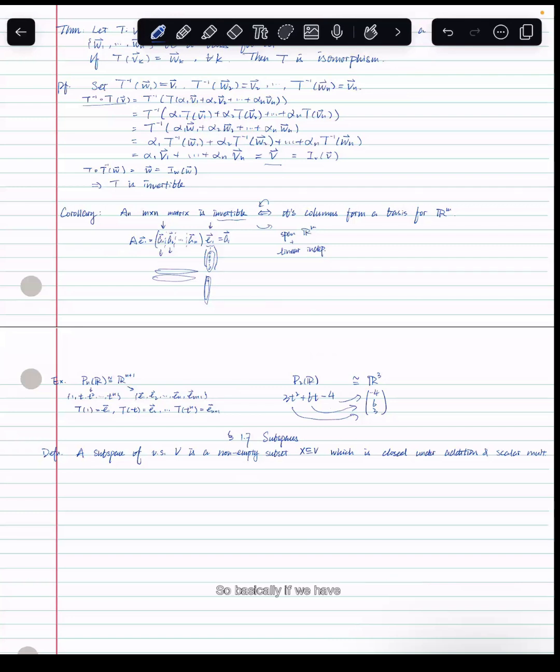So basically, if we have a vector inside of X, then after multiplying by a scalar, it should also be inside of X. And same thing for the addition.